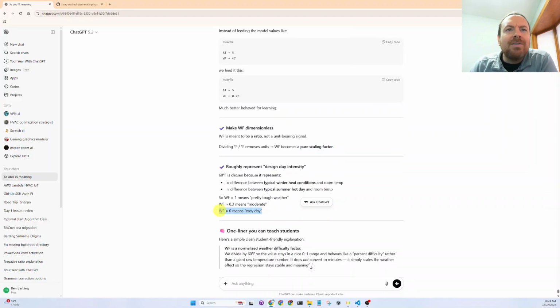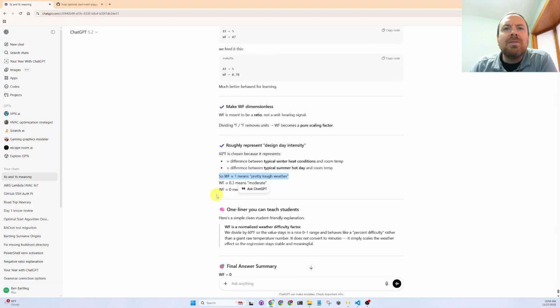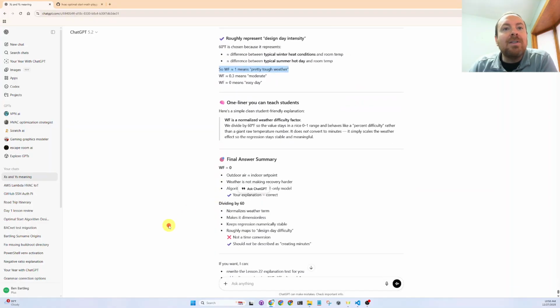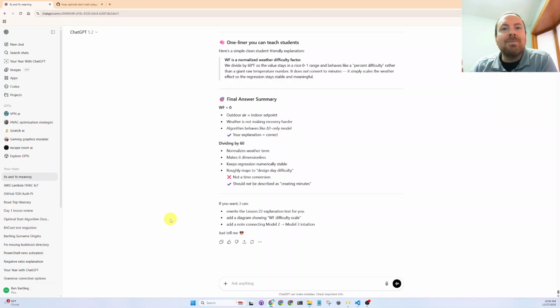Weather factor of 0 means we don't really need to factor in weather. Cool. So this is why AI is helpful and instantaneous, which I love, and friendly. Thank you, ChatGPT. Maybe we'll tell it thanks. Thanks, ChatGPT. You rock.